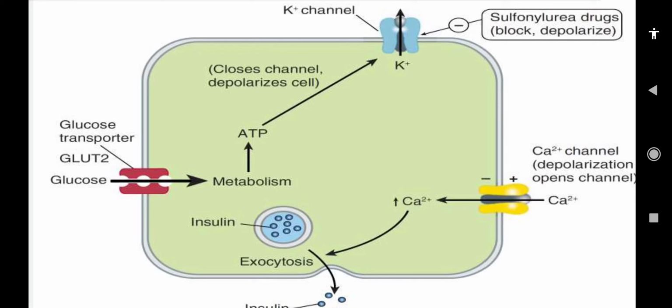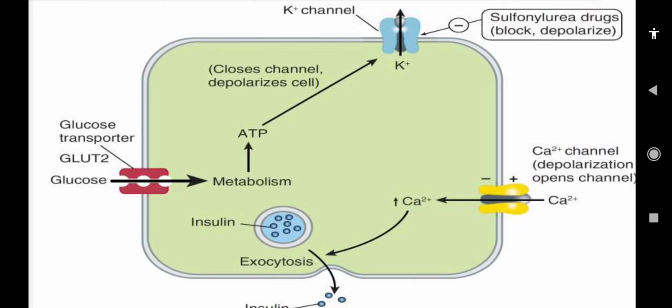Then what you can see at the left side of the picture is the glucose transport. Glucose goes inside the cell by the GLUT2, the glucose transporter. Through metabolism, ATP is produced. What does this ATP cause? It closes the potassium channel, and when the potassium is prevented from leaving the cell, it will depolarize.